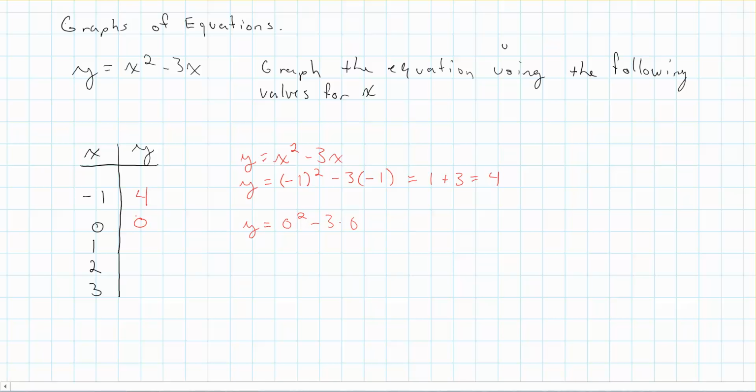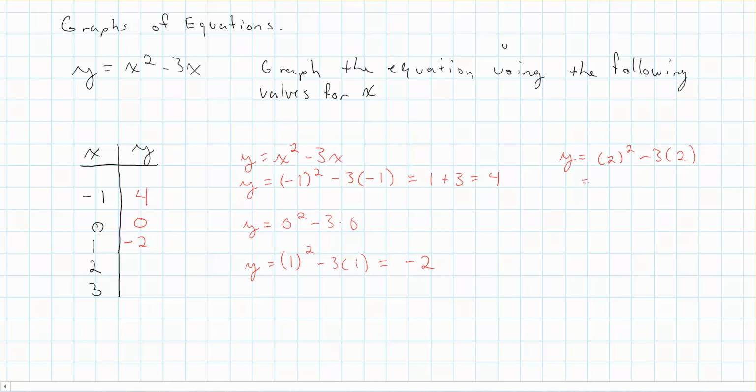And then if we have 1, we have y equals 1 squared minus 3 times 1, which is 1 minus 3, which is -2. Then we have y equals 2 squared minus 3 times 2.